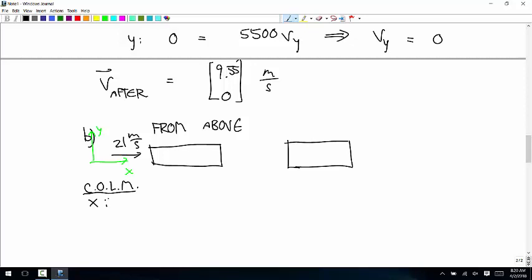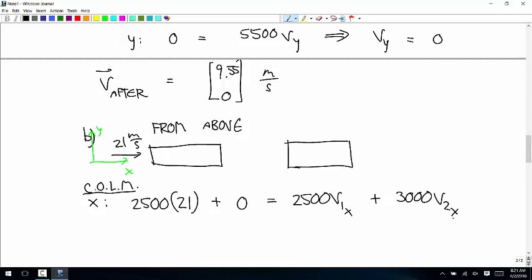The y equation is always going to say 0 equals 0. The x equation says 2,500 times positive 21 plus 0 is equal to 2,500 times v1x, that's the x component of v, plus 3,000 v2x.